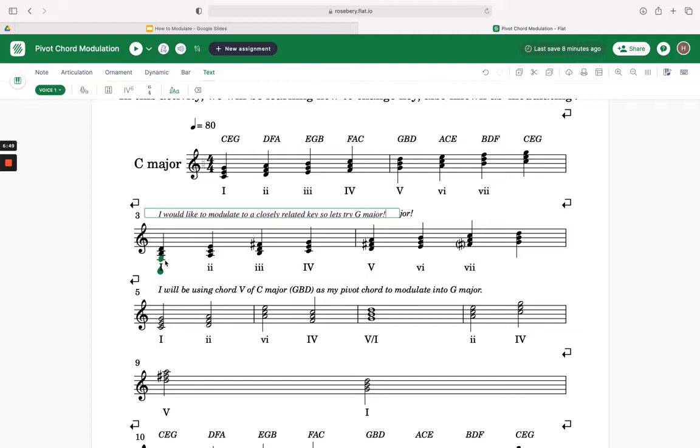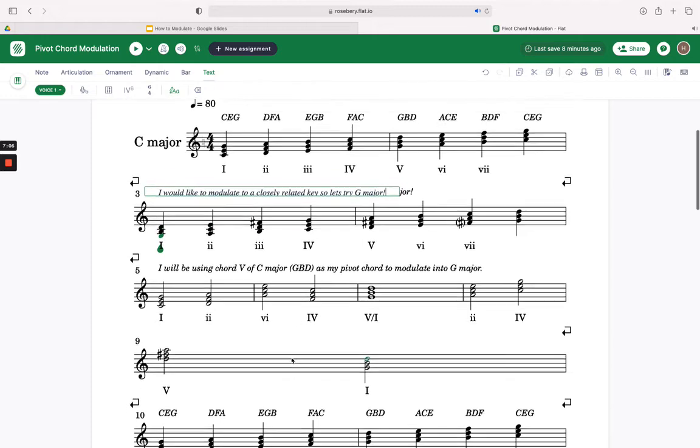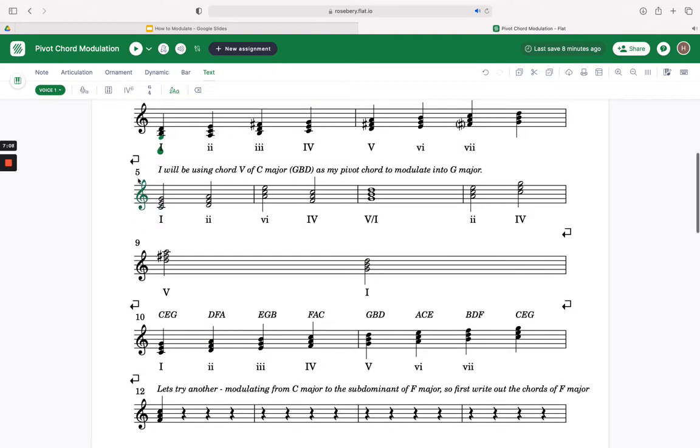My pivot chord is going to be chord 5, here we are, in C major, which is G, B, D, which also acts as chord 1 in G major. Okay, so what I've done here at bar 5 is I've created a chord progression using chords 1, 2, 6, 4 and 5.